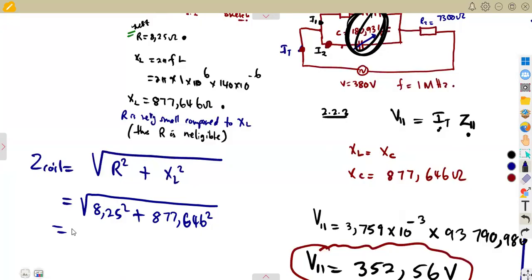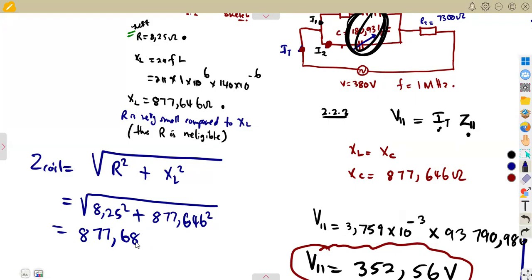But now, because of the negligence that we talked about before, I want you to see this. It is actually giving us 877.647, something like that, which is going to be 685.